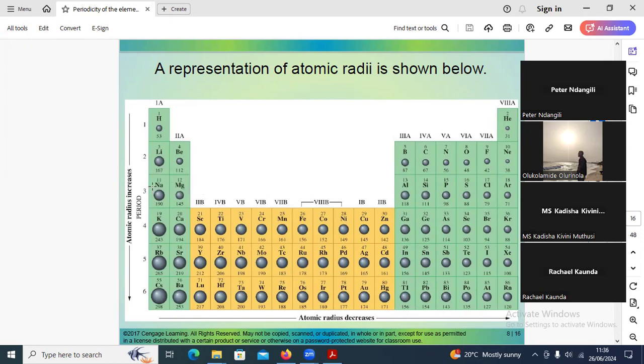And so you can see, for example, in lithium, it is 167. These are picometers. Then we move to beryllium, it has reduced. You move to boron, it has reduced, and they are going to reduce as you go across that particular period. And then down a group, you're going to realize that we do have an increase in the atomic radius.